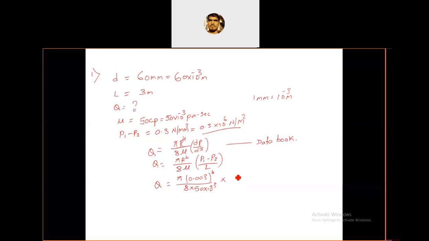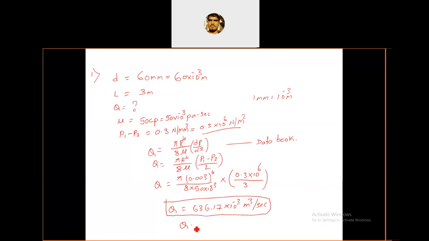P1 minus P2 is already given, 0.3 into 10 raised to 6, divided by L, which is 3 meter. If you simplify with the help of a calculator, you will get 636.17 into 10 raised to minus 3 meter cube per second. This is the final flow rate value.